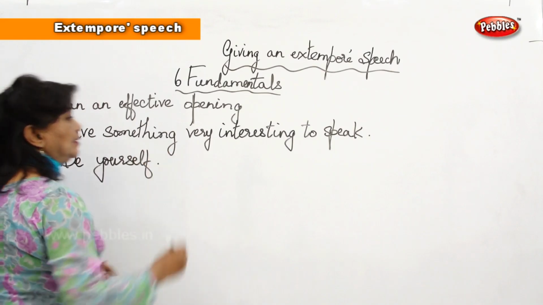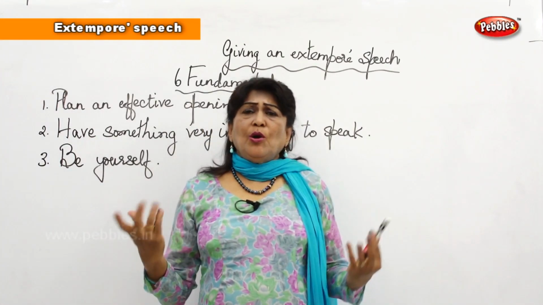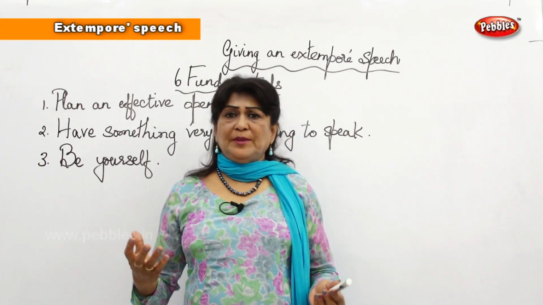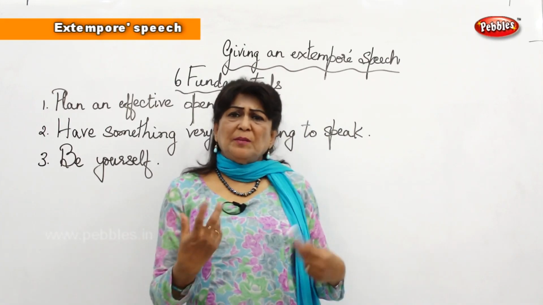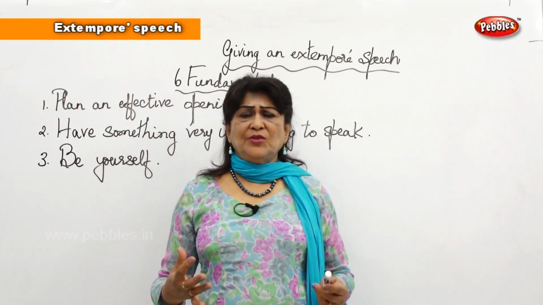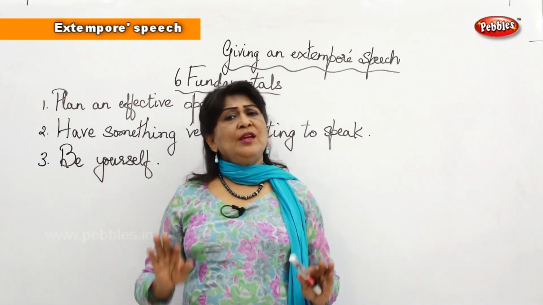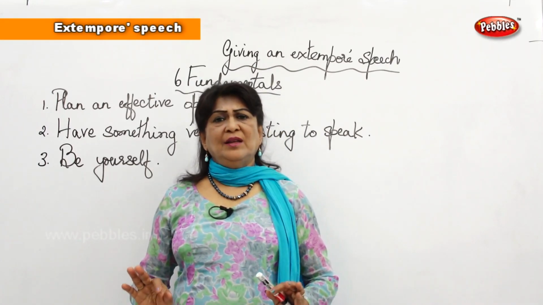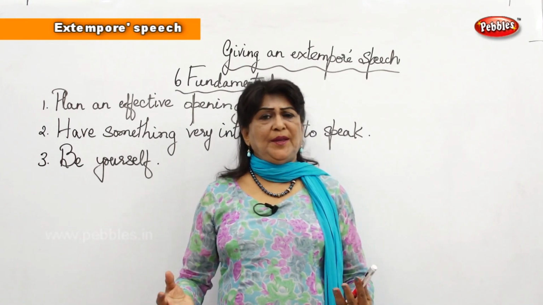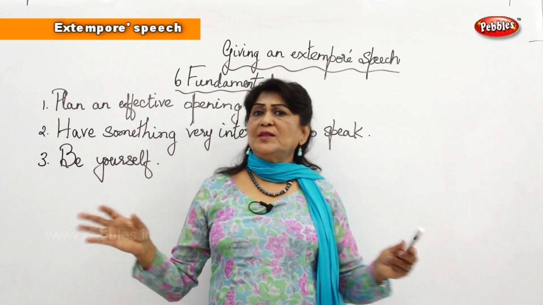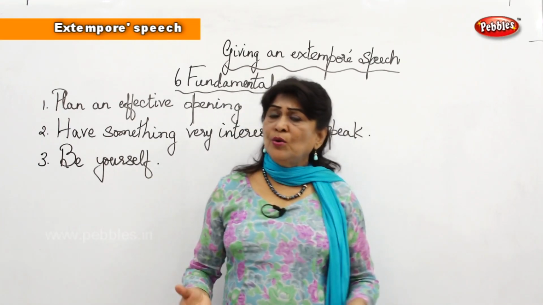What does that mean? That is, do not try to put on false pretense when you speak, and do not try to put on some accents and all, and try to impress the audience. Be yourself. Okay. Whatever you are, just feel casual and speak. Just forget that you are speaking before an audience, even if they are unknown to you.